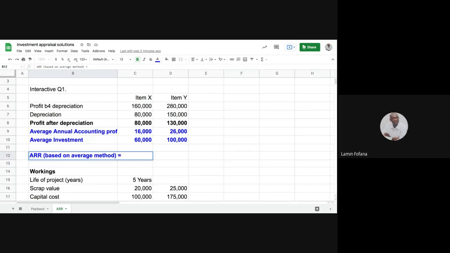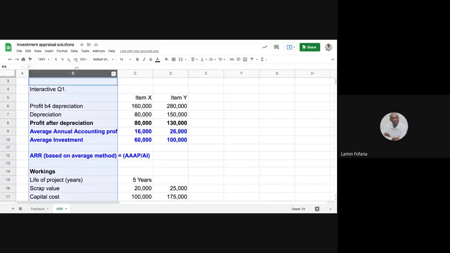So I'm going to put the formula here: A for average, A for annual, A for accounting, P for profit, divided by the average investment, A for average, I for investment. So this is our formula using the average method. Okay. So I'm going to wrap this up.